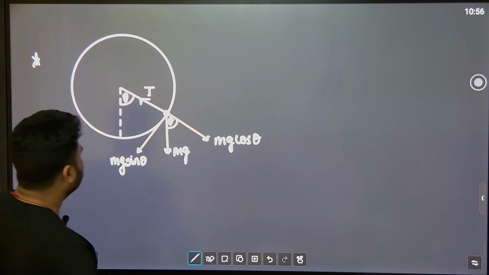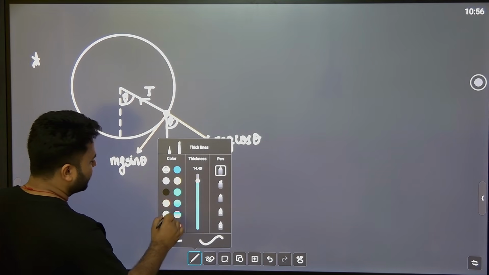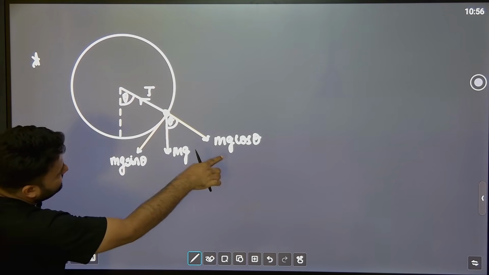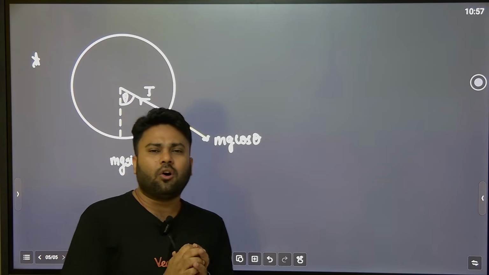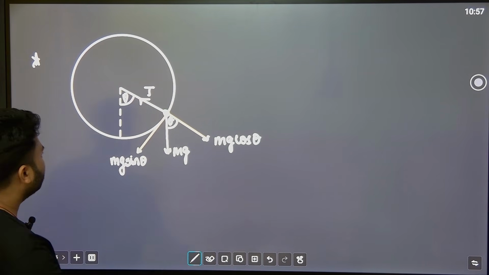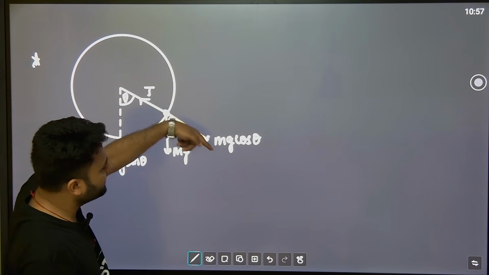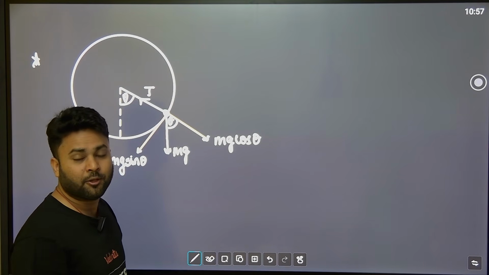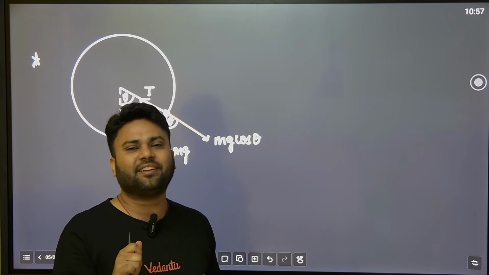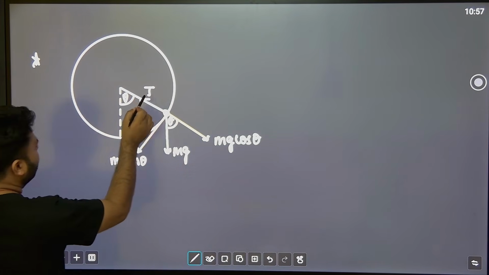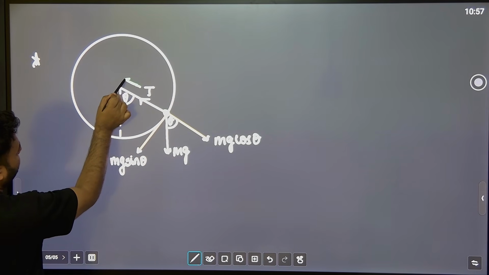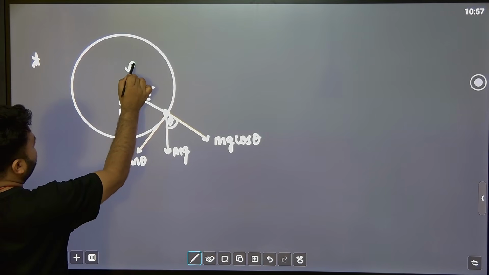Now I focus on all the forces along this line passing through the center. One force is tension and one force is mg cos theta. And where is the acceleration of the object? Acceleration is towards the center, centripetal acceleration.